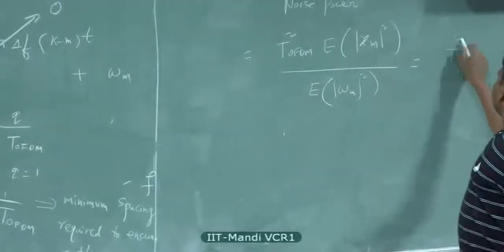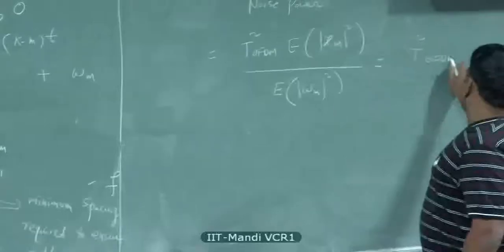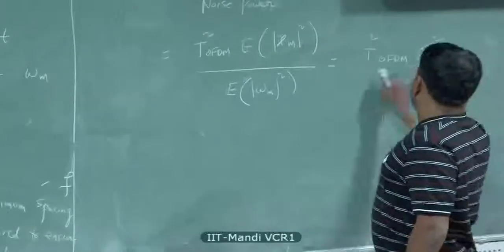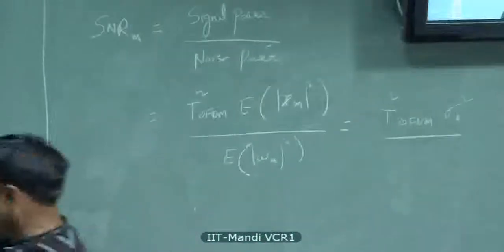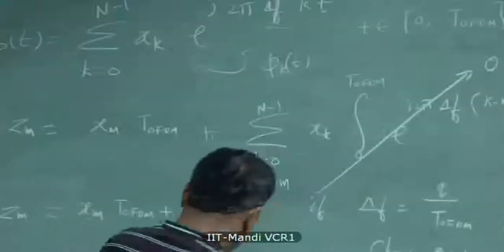That would be equal to T_OFDM squared times sigma_x squared divided by the variance of W[m]. Well, that is N_0 times T_OFDM.